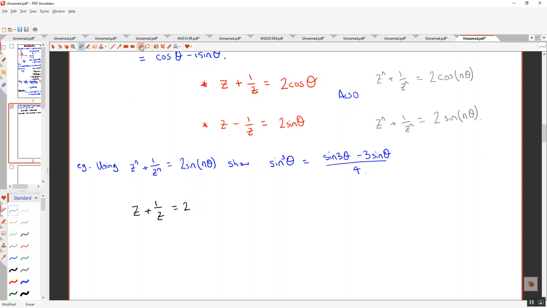Sorry, I've written the question down wrong. My apologies. It should be minus. Okay. So it's equal to 2 sine theta.